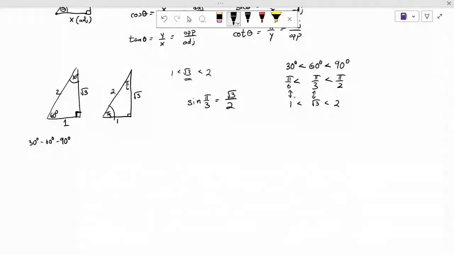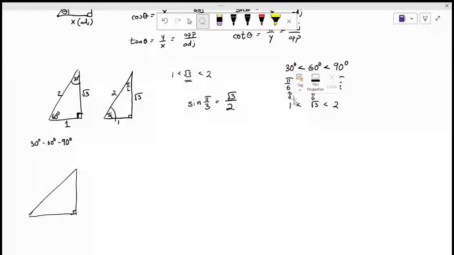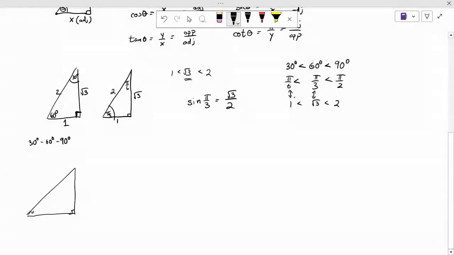And the other kind of basic triangle that you probably learned in high school that's useful in starting to think about unit circles is the 45, 45 triangle. So it's a right triangle. That's also isosceles, right? Because the two sides opposite the equal angles are equal.